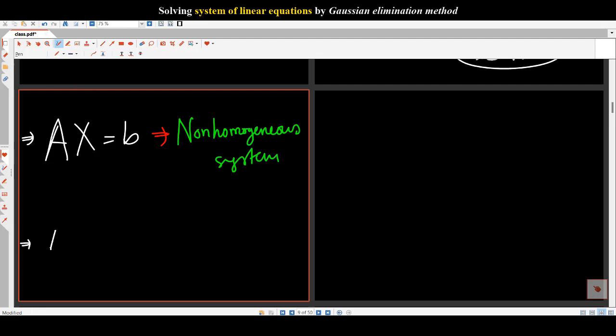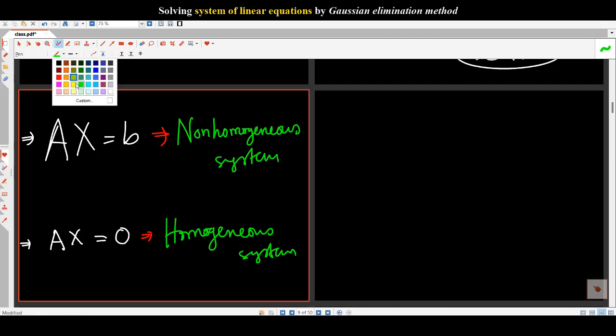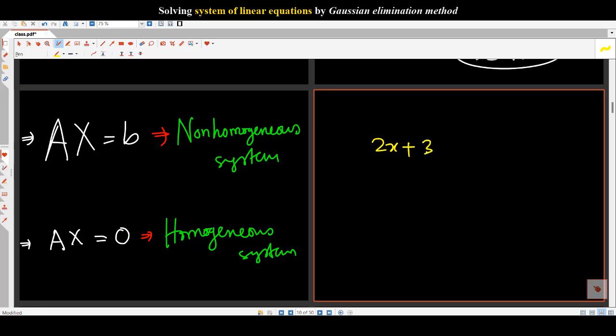So what is a homogeneous system? If Ax equals 0, suppose the right sides are 0, then that is known as a homogeneous system. If we think about one example, then it will be clear to you. Suppose you have 2x plus 3y equals, let's say, 0. You have 4x minus 3 by 2 y equals, let's say, 0.